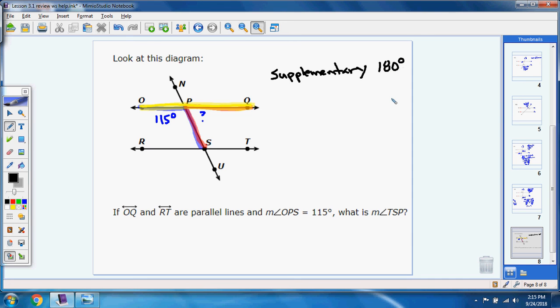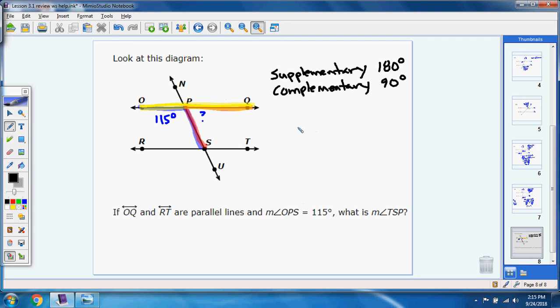If it was two smaller angles, then it would be called complementary, and complementary is equal to 90 degrees. So since this is supplementary, which is the 180, and this is 115, how would you find this missing angle? Now, again, that's not the question that we started with. It's just maybe a different question that you might see on IXL.